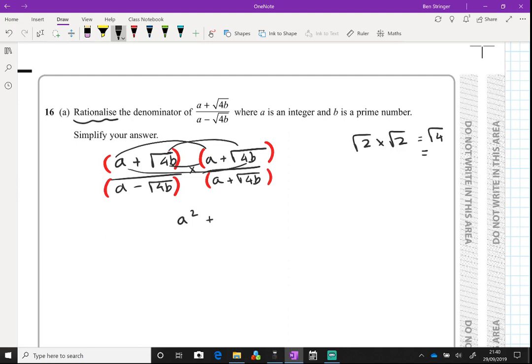The bottom one's a difference of two squares. We'll be getting a squared minus 4b. You could expand the bracket out again, get a squared here, minus, and then root 4b times root 4b, just pop it out, it's 4b, so it'll be minus 4b. Then you've got a negative a root 4b and a positive a root 4b, which cancel each other out. If you're wondering how I did that, that's the difference of two squares, so remember this result.